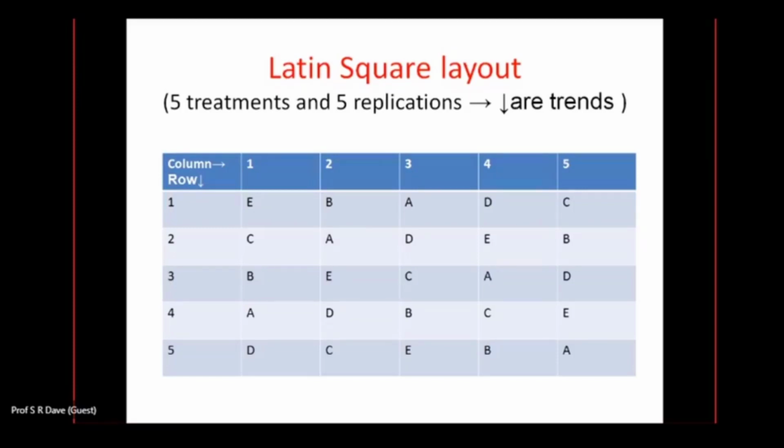In a Latin square layout, the number of replications should be equal to the number of treatments. In randomized block design and completely randomized design, there is no necessity for the number of replications and treatments to match. But when you want to go for a Latin square design, your plot should be divided into a square, so the number of experiments, depending on the treatment and replication, should be the same.